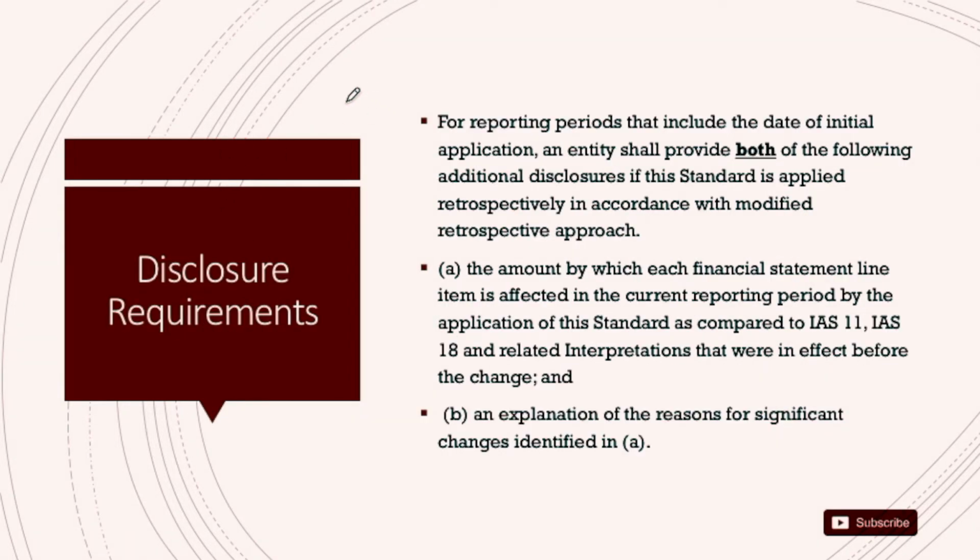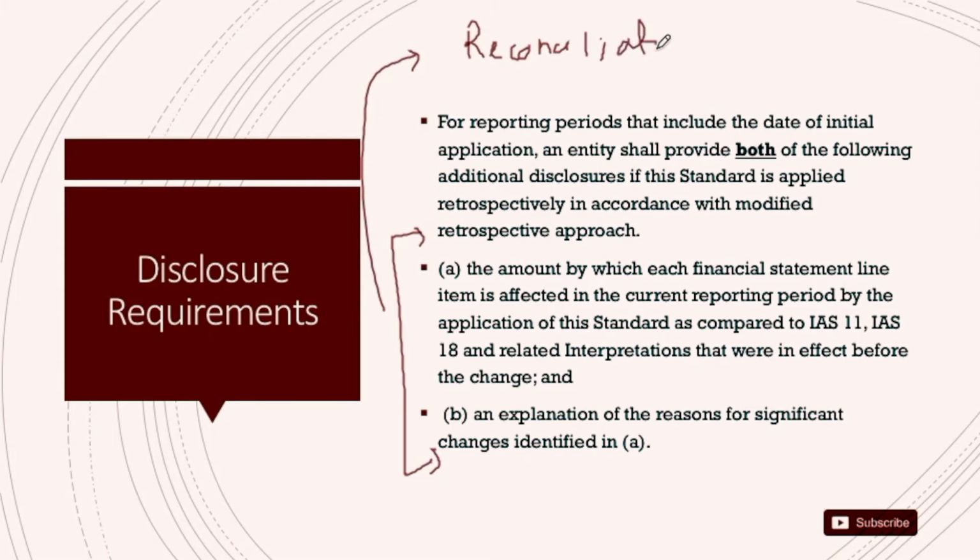Let's understand the disclosure requirement if we apply the modified approach to IFRS 15's adoption. Basically, the standard requires two disclosures to be provided. They are not basically disclosures, they are primarily reconciliations.